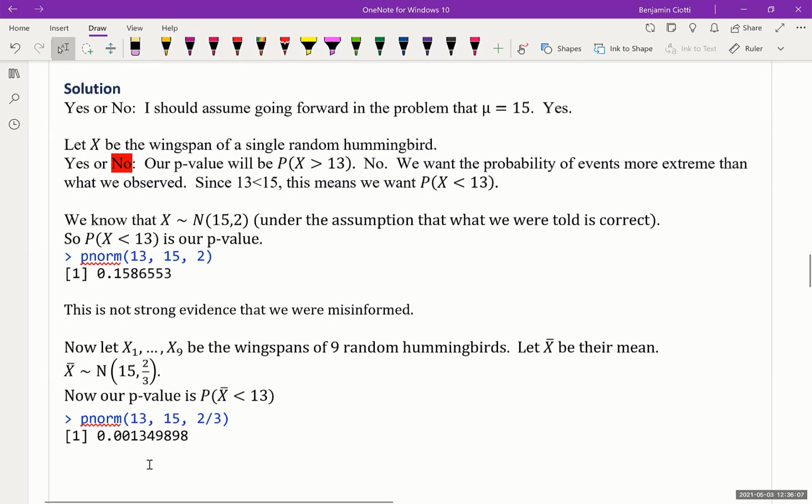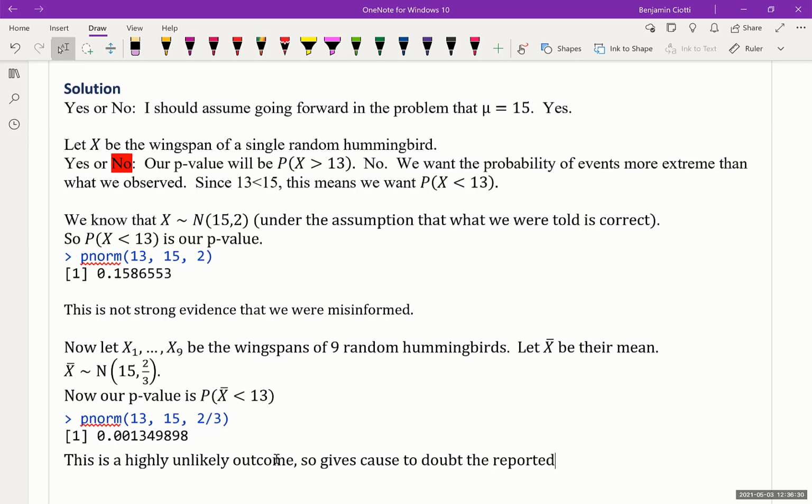So like 0.1%, less than 1%, more like 0.1%. So this is a highly unlikely outcome under the assumptions. So it gives us cause to doubt the reported mean.